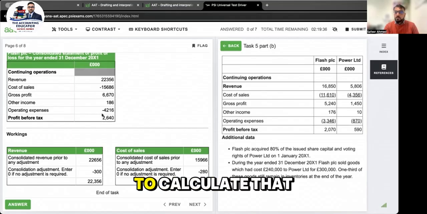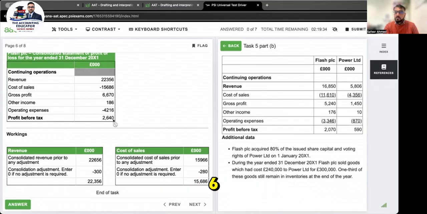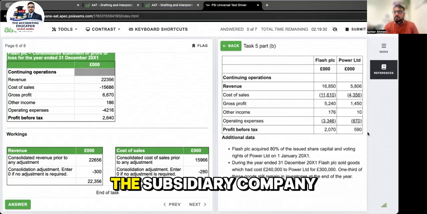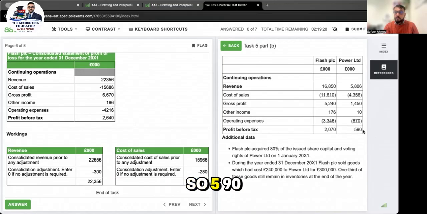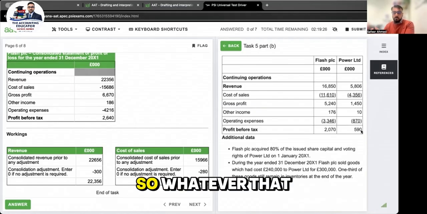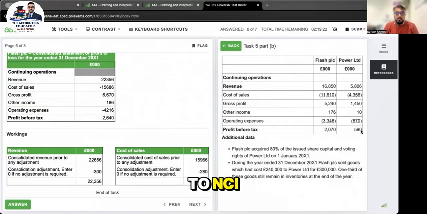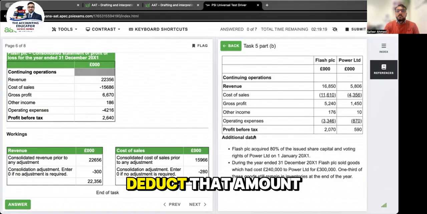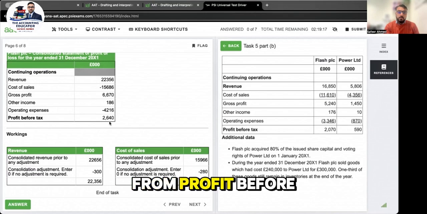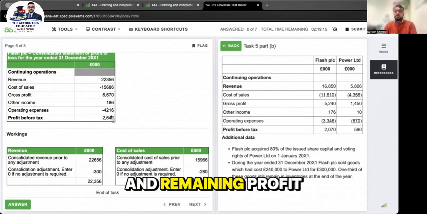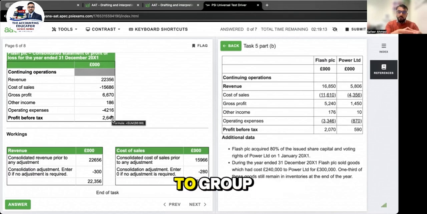So you're not going to calculate that on this 2,640. You will be calculating it from the subsidiary company profit: 590 times 20%. Whatever that amount is, that profit belongs to NCI, and you will deduct that amount from profit before tax, and the remaining profit will be attributable to the group.